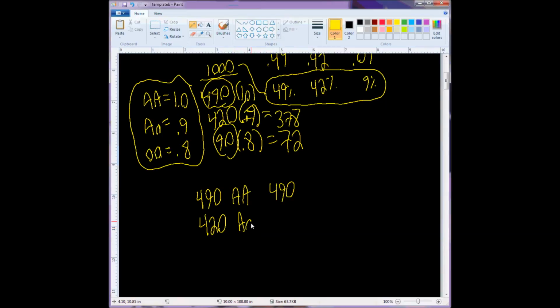Of the 420 heterozygotes, only 378 will contribute to the gene pool. Of 90 homozygous recessives, I keep saying recessive, sorry, these are codominant, but again, it doesn't matter for this question. Of the 90 homozygous little a's, only 72 will contribute alleles to the next generation.